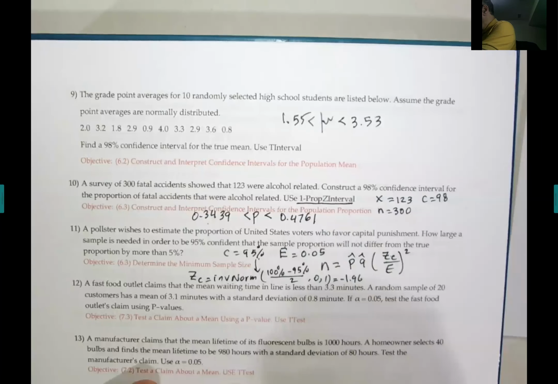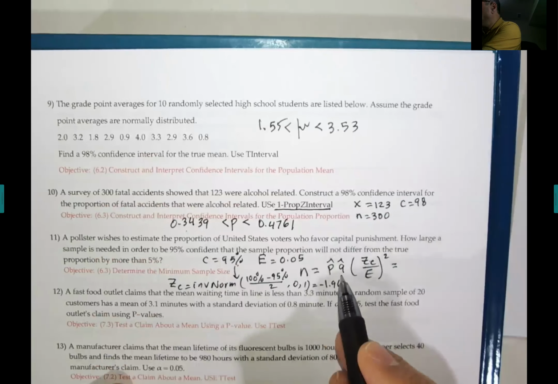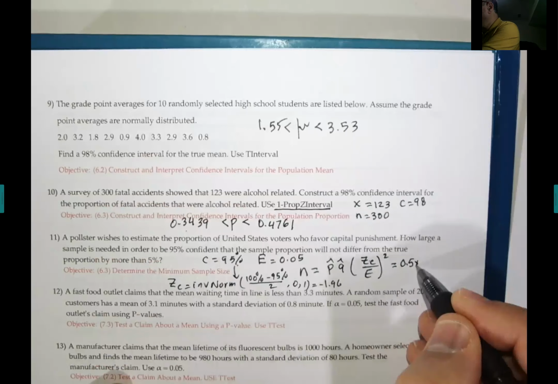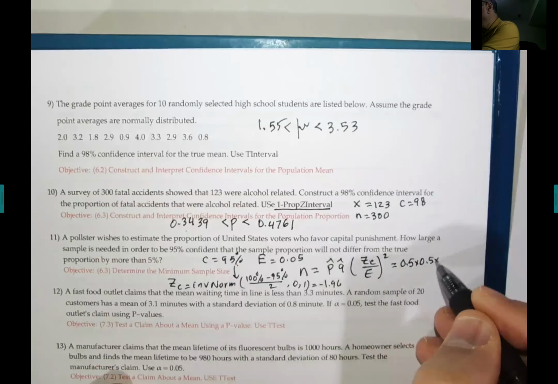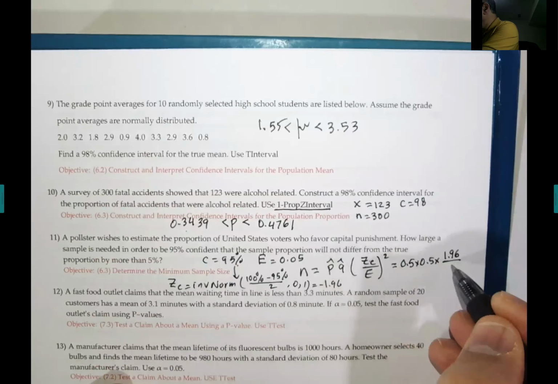So n will be, p hat is a sample proportion and q hat is a sample proportion. If he doesn't give you both values, you use 0.5. And since he didn't, we're going to use 0.5. Times 0.5 times 1.96 divided by e. E is 0.05. And then we're going to square it.